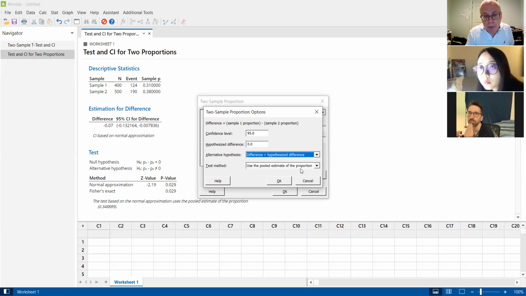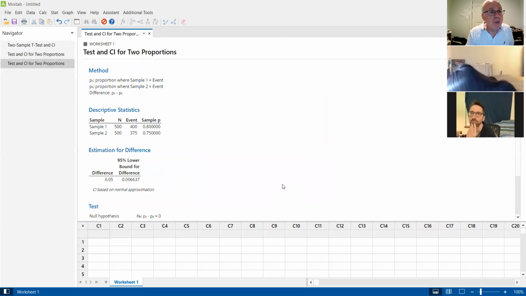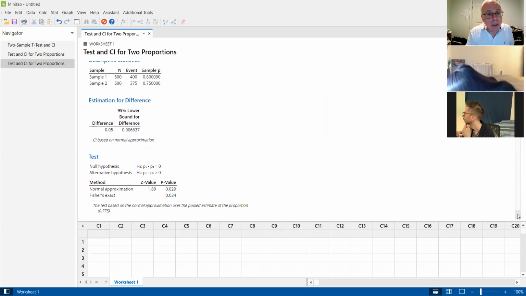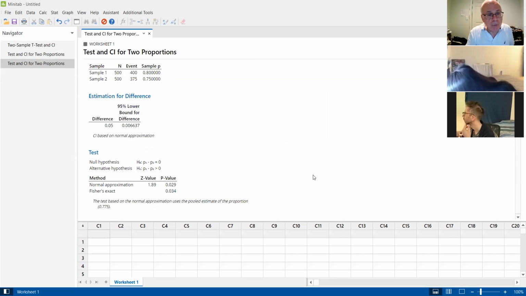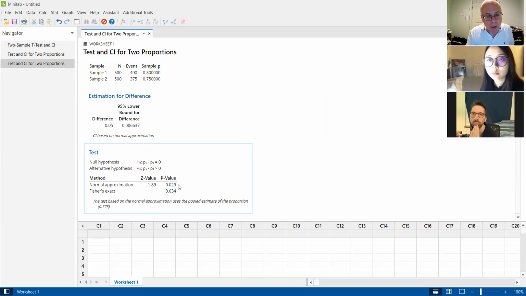We're going to use the pooled estimate. Hit OK. Hit OK again. And there's our results. And please use the normal approximation p-value. It also gives you the Fisher's exact, I don't know what that means.